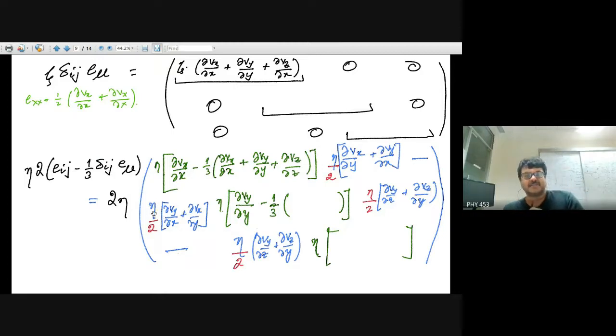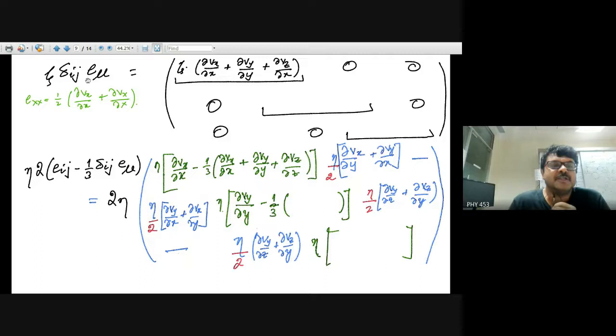I think I should drop this eta. The viscosity term is even here, right? So in all of this, the viscosity should not be here. You should have the factor of half, but not eta, because that is sitting outside. This is just the pure deformation. Basically, you're writing down the pure deformation tensor here, right?